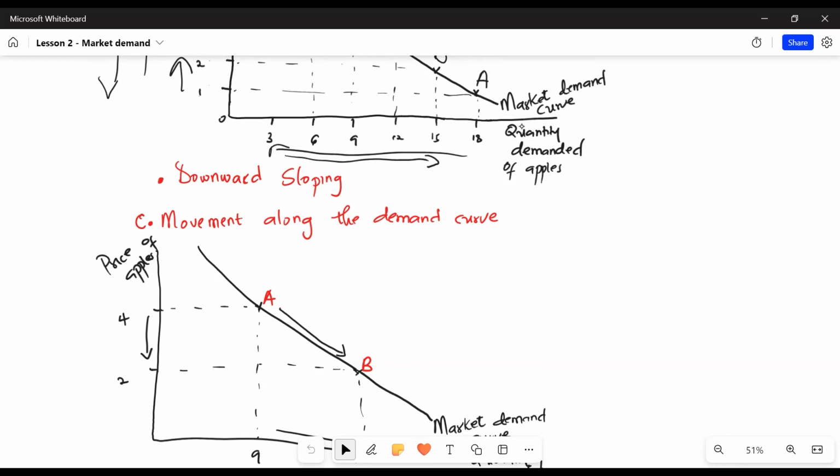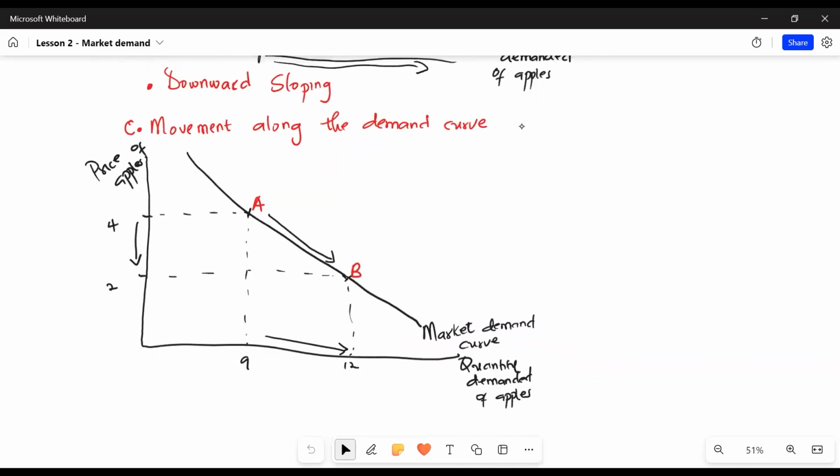Now, from this demand curve, we can see that when price is 4, quantity demand is 9. When price reduced to 2, quantity demand increased to 12. The movement from this point A to point B is what we call the movement along the demand curve.